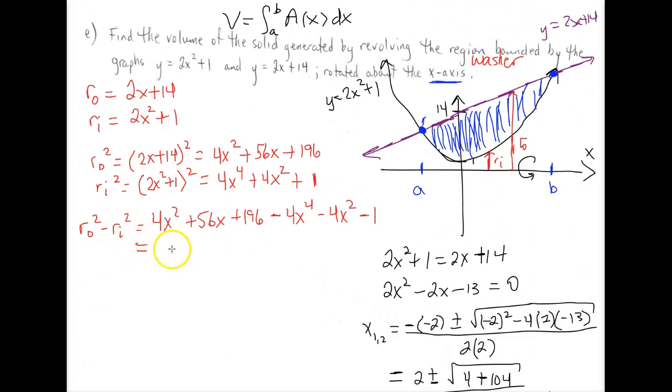And so that will end up looking like 4x squared minus 4x squared, so that will cancel to 0, so we need to get rid of that.